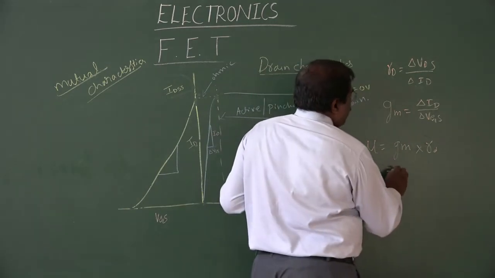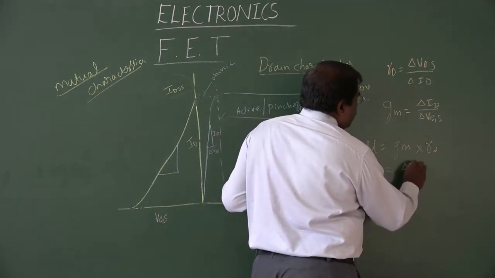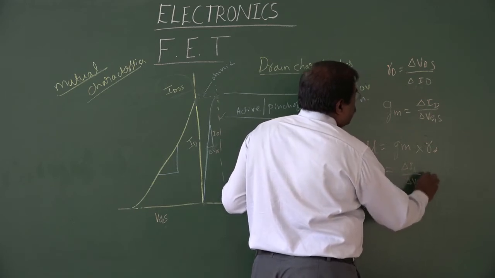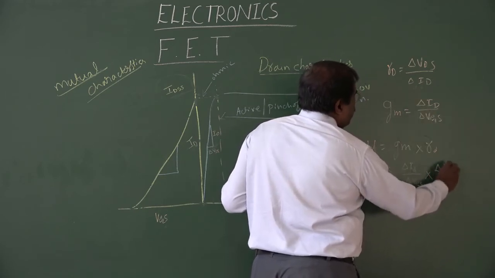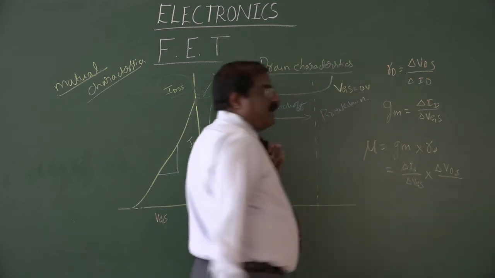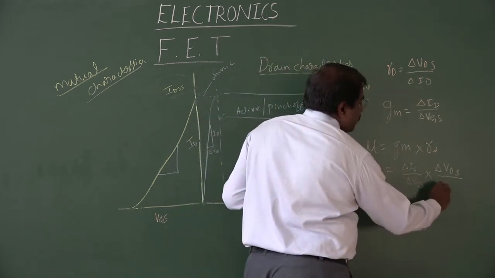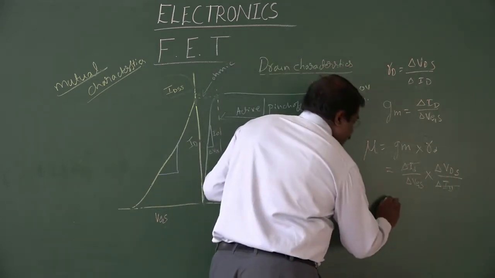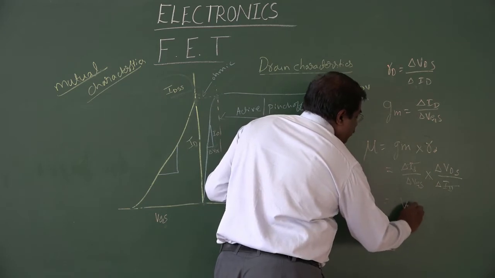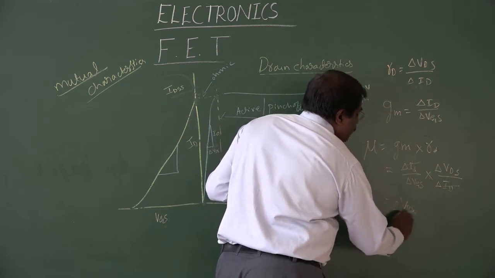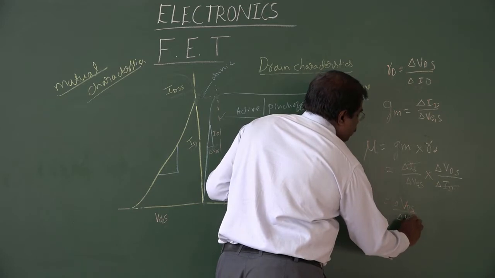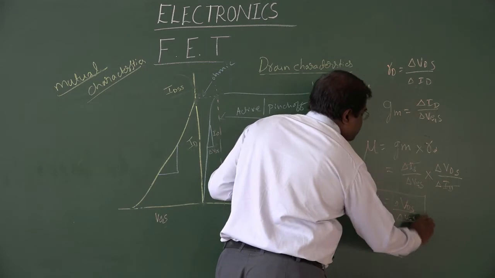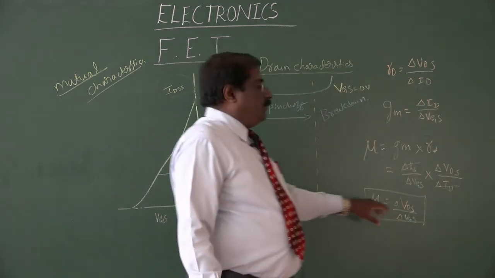That means GM is delta ID by delta VGS into delta VDS by delta ID. So this delta ID will get canceled, leaving delta VDS by delta VGS. This is the amplification factor, that is called mu.